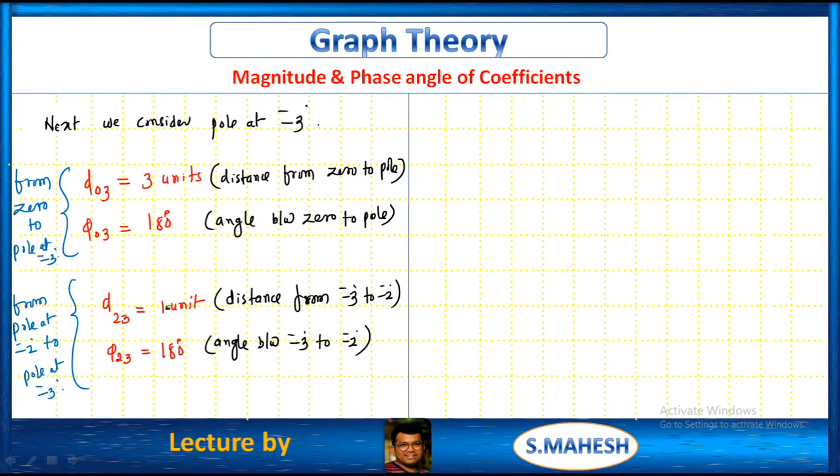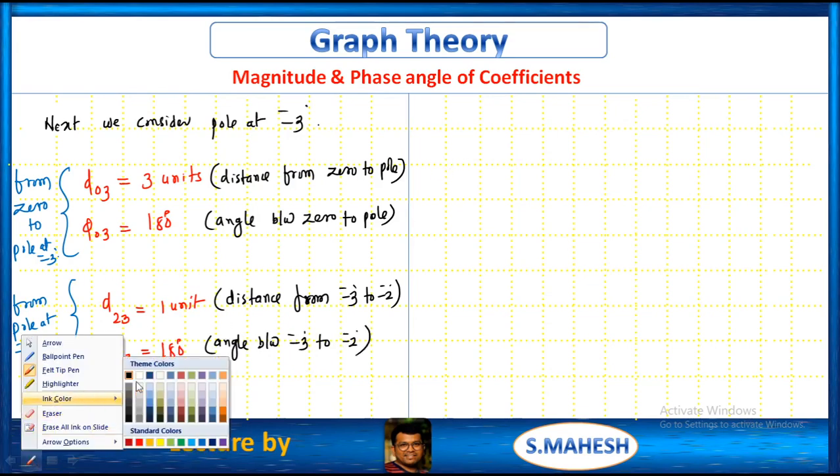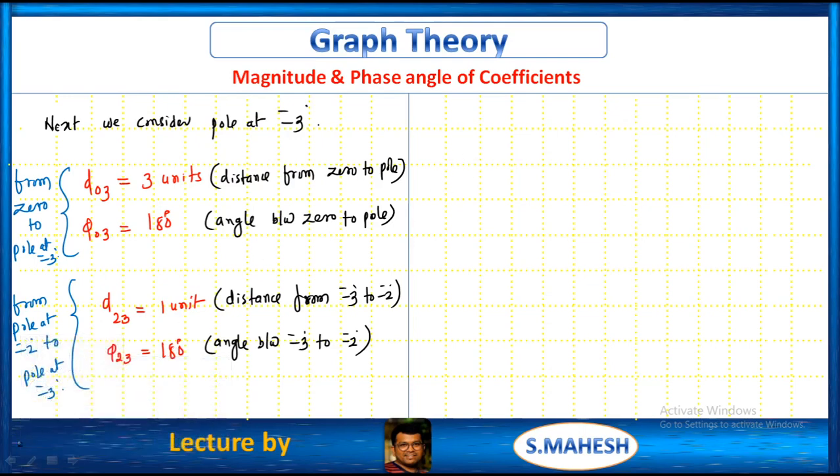So finally, to get K1, what is the formula for K1, which is equal to the scaling factor into D03 by D23 e power j 503, which is e power 523, right?